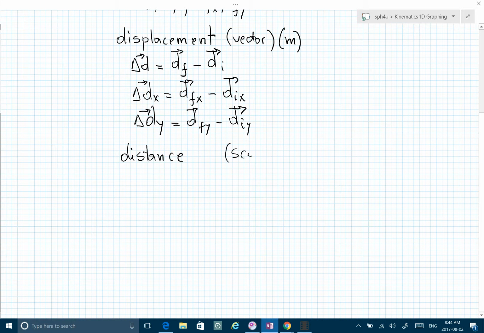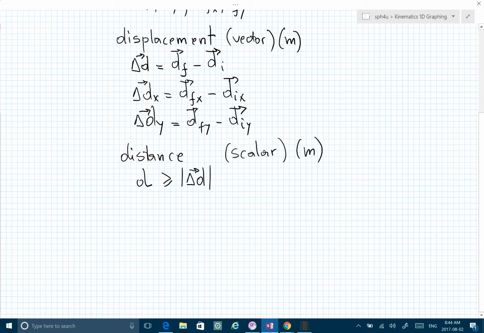It's a scalar. It's still measured in meters. And the distance is always greater than or equal to the magnitude of displacement, right?